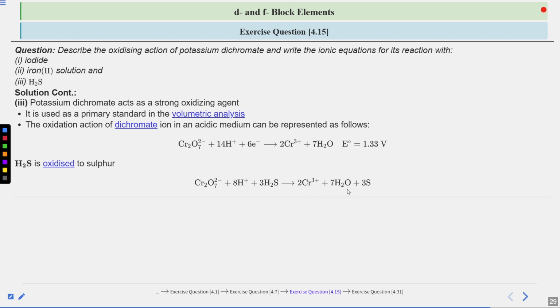So this is the process happening in the oxidation action of potassium dichromate in the case of H2S, and the ionic equation will be this. So we have seen for all three parts the oxidizing action of potassium dichromate and their ionic equations respectively. Right? Okay.